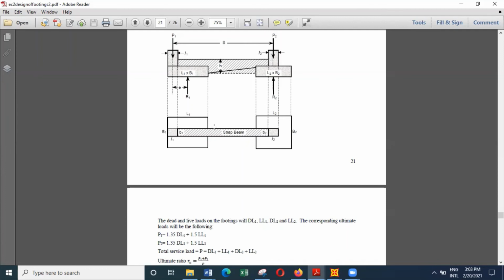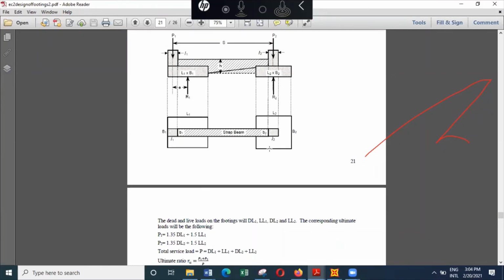So if you consider this particular footing, there will be main reinforcement this way, nominal reinforcement this way at top, main reinforcement this way, and nominal reinforcement this way, main reinforcement this way, and nominal reinforcement this way at the bottom.